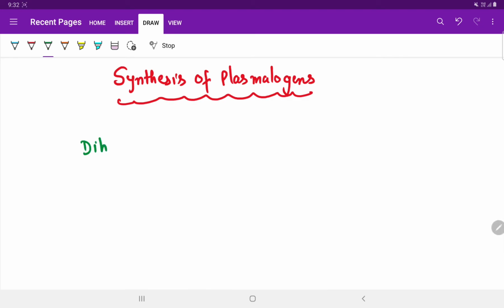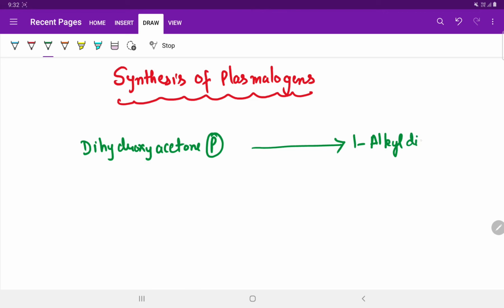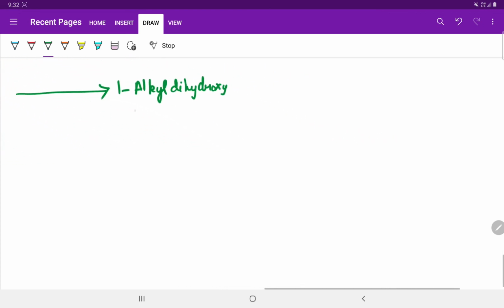This is starting from dihydroxyacetone phosphate, which is converted into 1-alkyl dihydroxyacetone phosphate. And this is further converted into 1-alkyl 2-acyl glycerol.